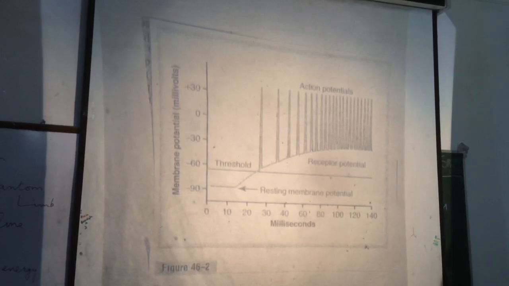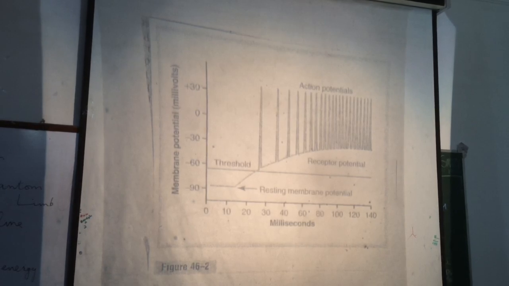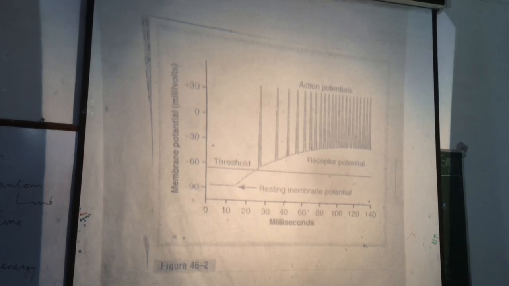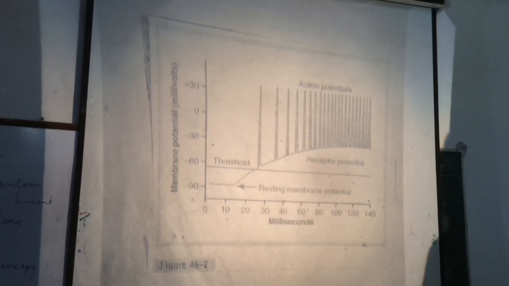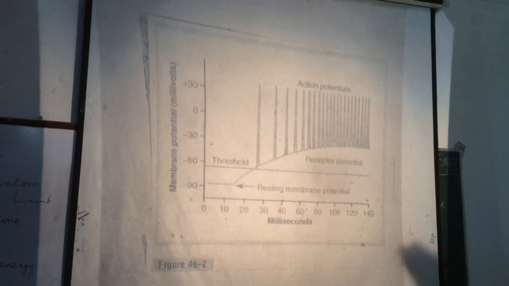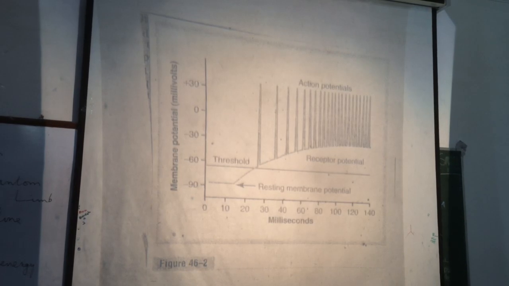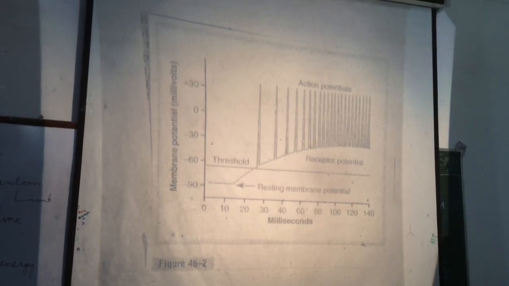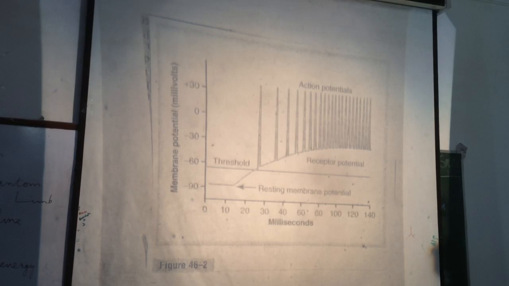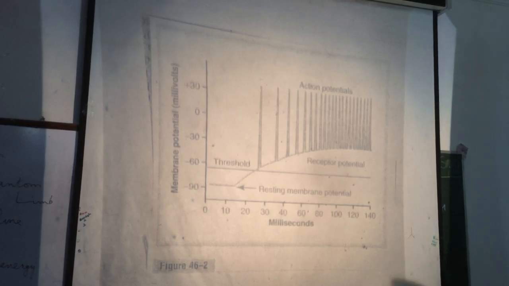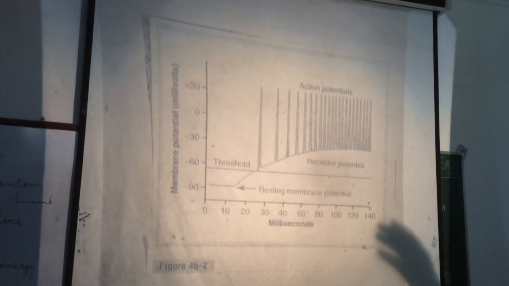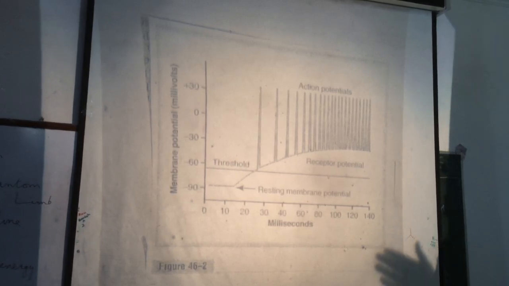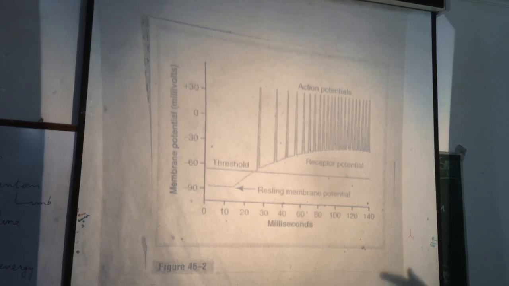I can say, stronger the stimulus, more will be the amplitude or voltage of the receptor potential. So greater will be the frequency of discharge of impulses from the receptor along its nerve fiber.